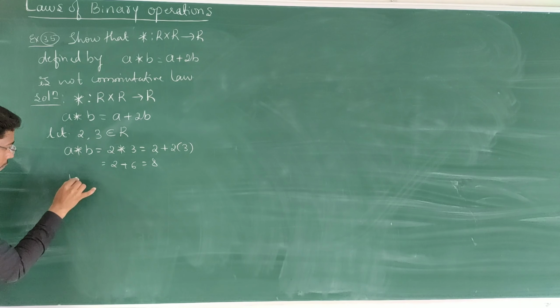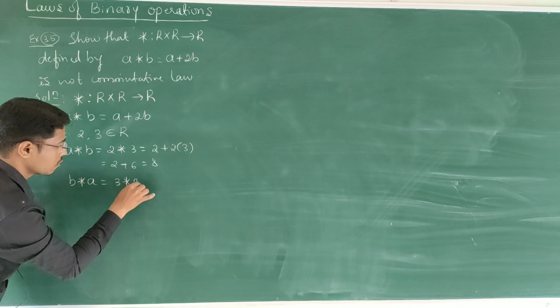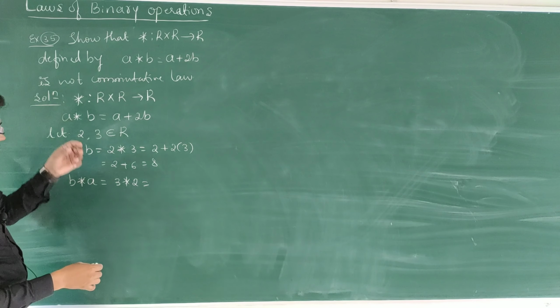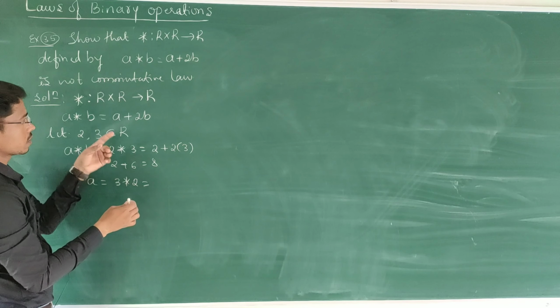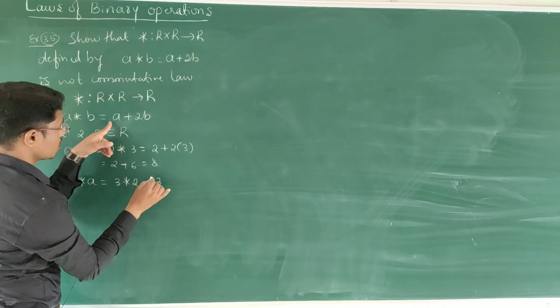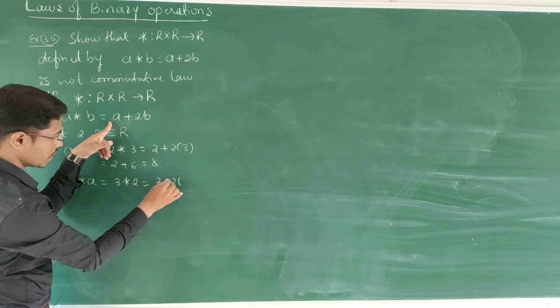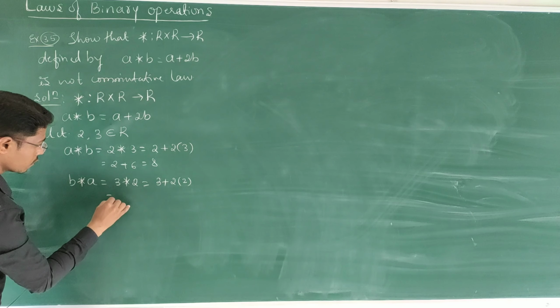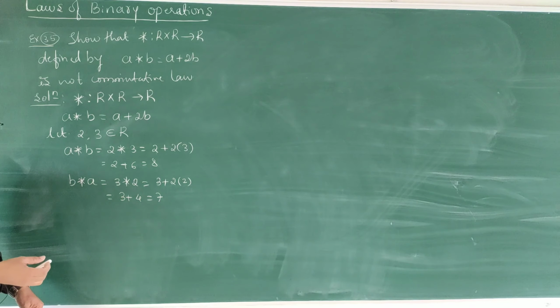Now b star a, that is 3 star 2. So in the place of a, 3 is there, and in the place of b, 2 is there. So this is 3 plus 2 into 2, which is 4, this is 7.